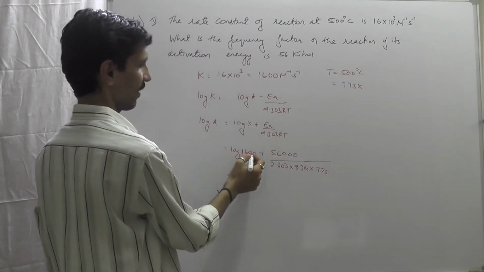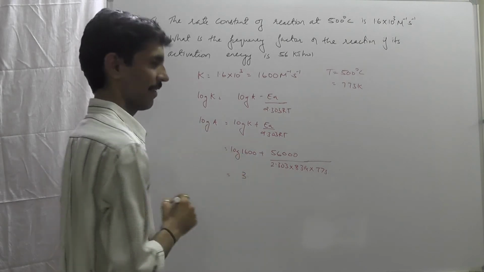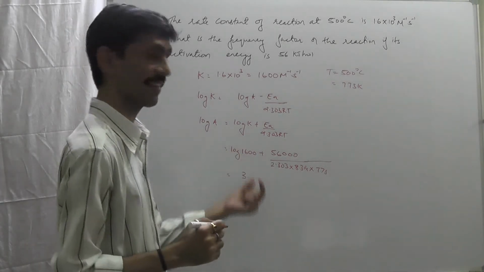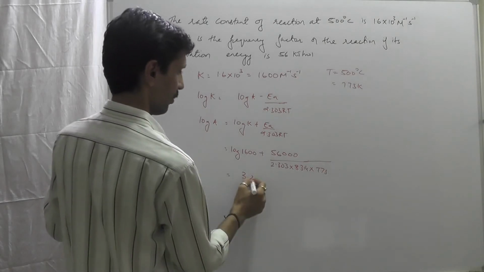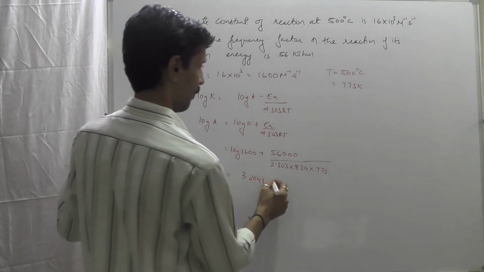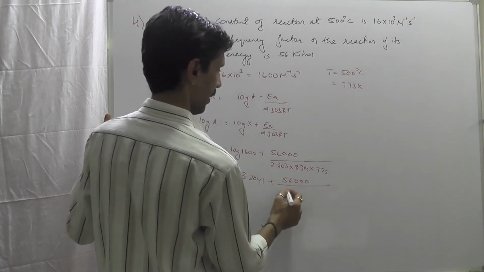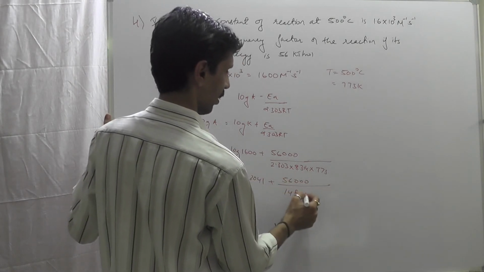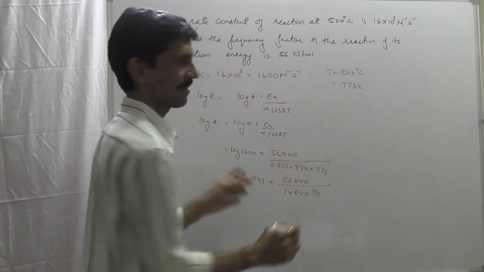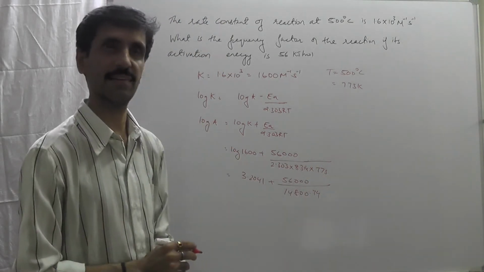So log of 1600 is, its characteristic will be 3. So 3.2041 plus 56,000 divided by, this entire thing, 14,800.74 will come as the answer.